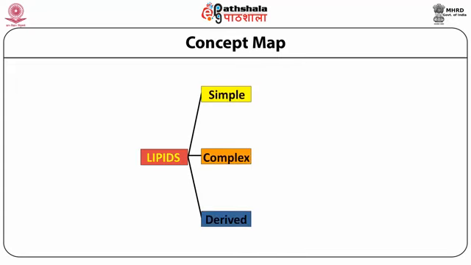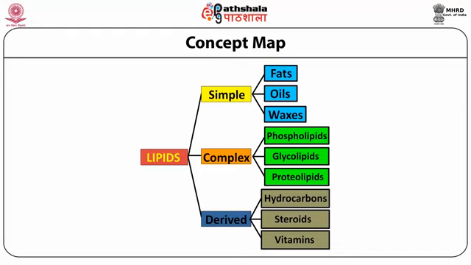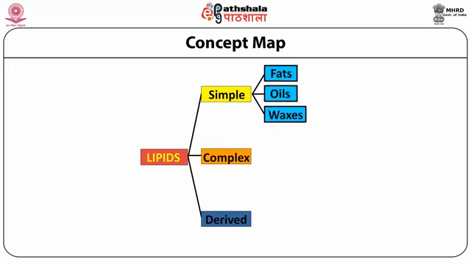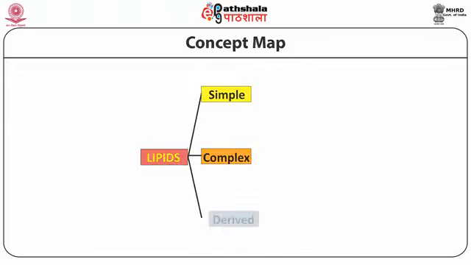The third type of the lipids is the derived lipids, which are either hydrocarbons, steroids, or vitamins.